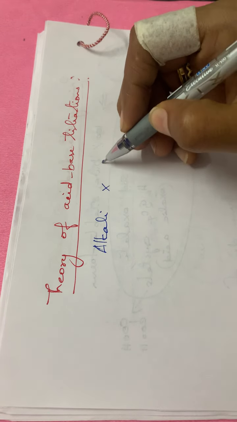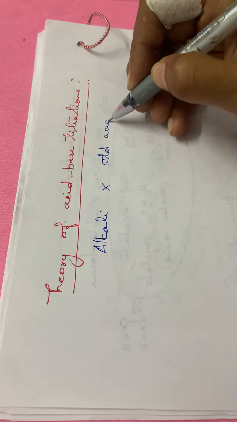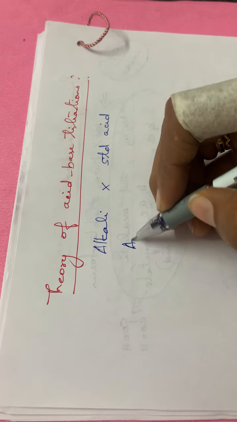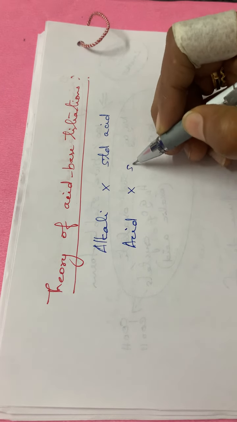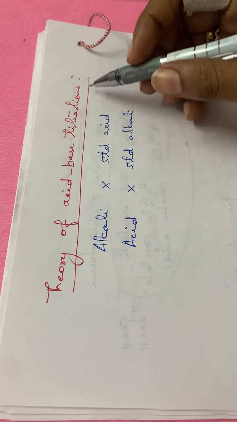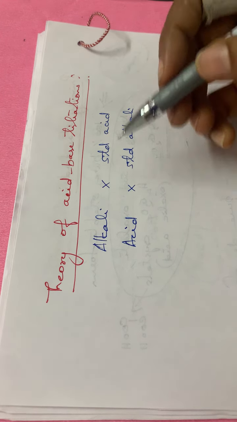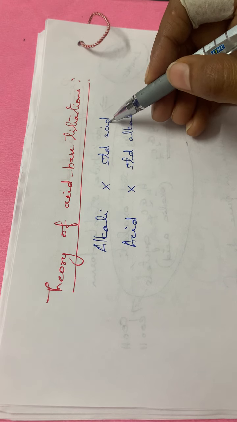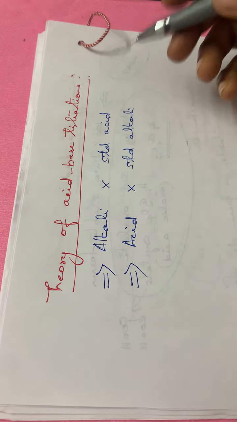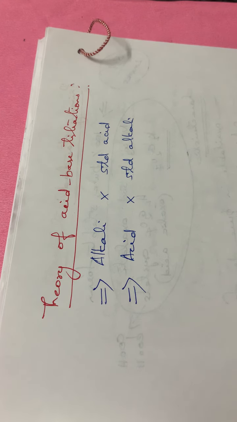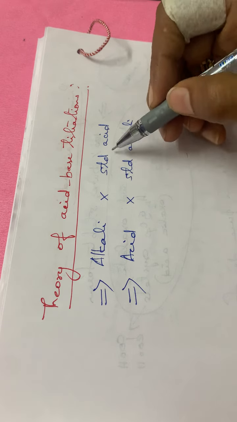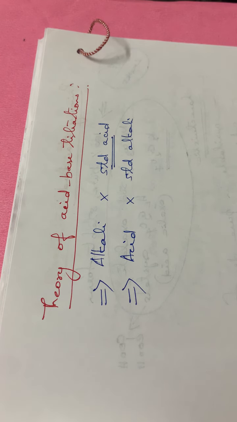Alkali is titrated against standard acid solutions, or vice versa, acid solutions can be titrated against standard alkali solutions. These two titrations are usually done in acid-base titrations. So, the estimation of an alkali solution using a standard acid solution.